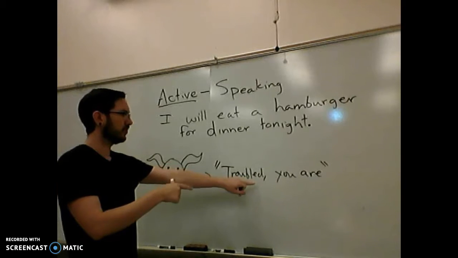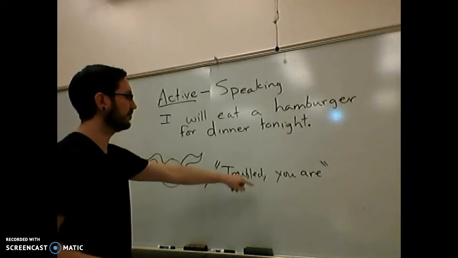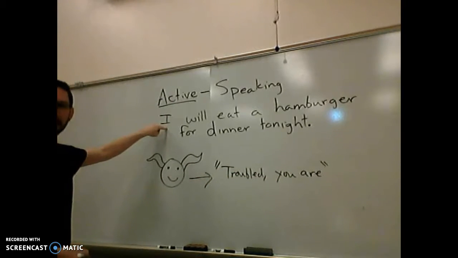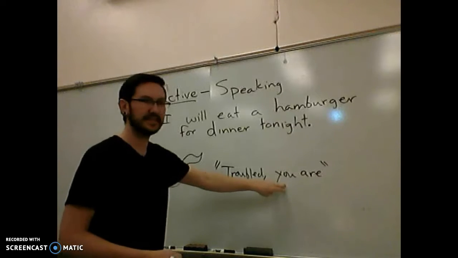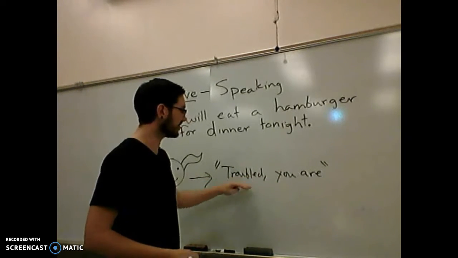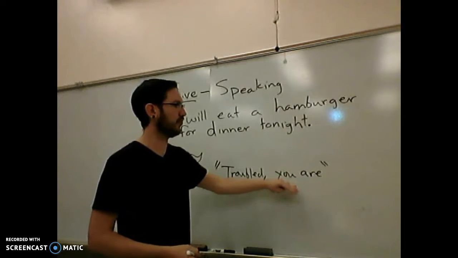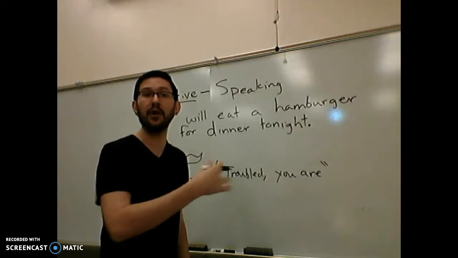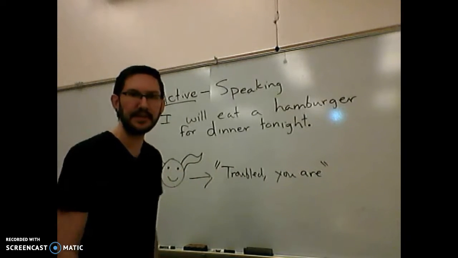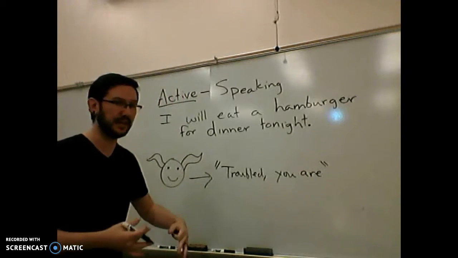And then something else is going on. You is not starting the sentence. Unlike this sentence that starts with the person, I, this sentence is starting with a different word. It's starting with what would be the end of the sentence up here. So troubled you are, instead of saying you are troubled. So if Yoda had said you are troubled, he'd be speaking in active voice, but he doesn't. He speaks in the passive most of the time.